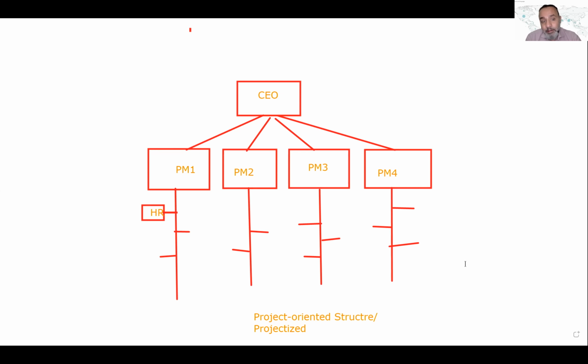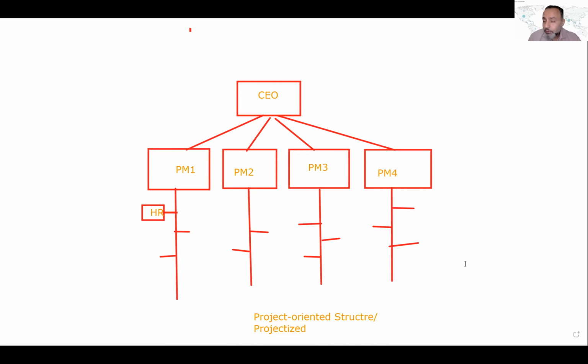Now, this might be a little bit difficult to implement as a structure. For this reason, usually this structure exists with another structure. So we create what we call a hybrid. You might have some of your projects that need that kind of independence, but your other operational work, for instance, works as a functional structure, but you want to give independence for certain projects.